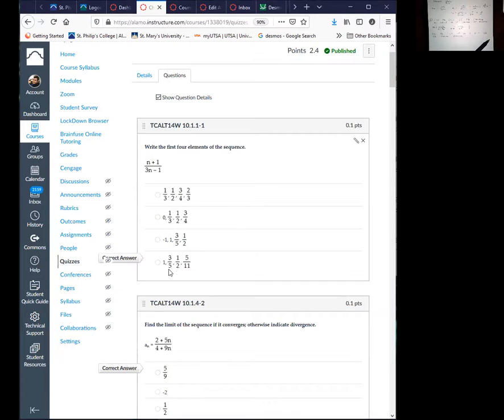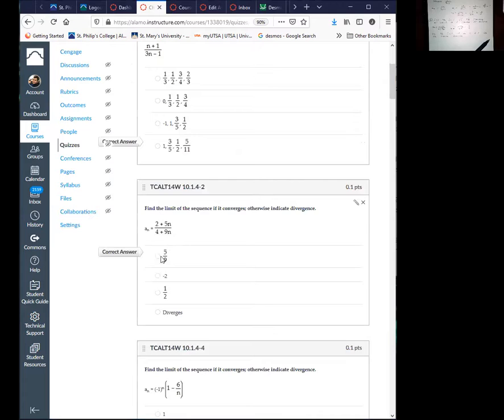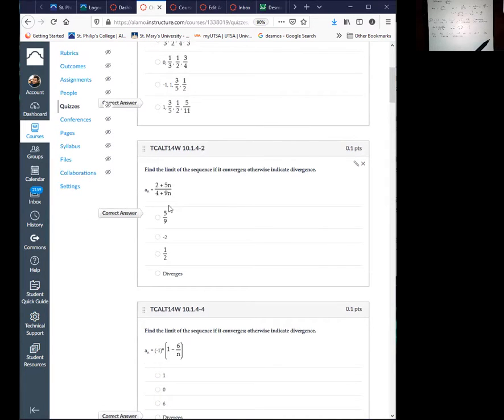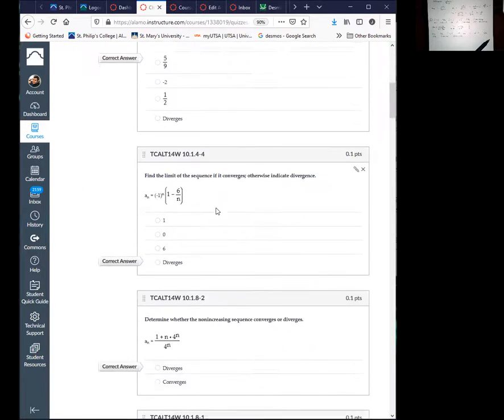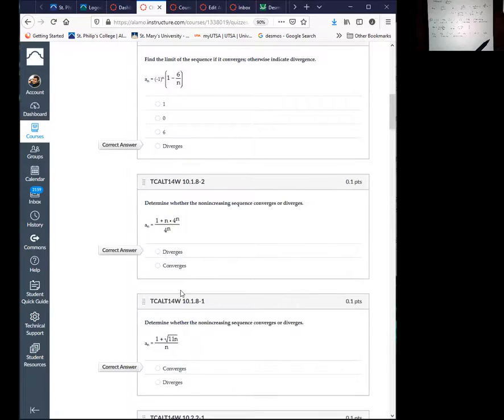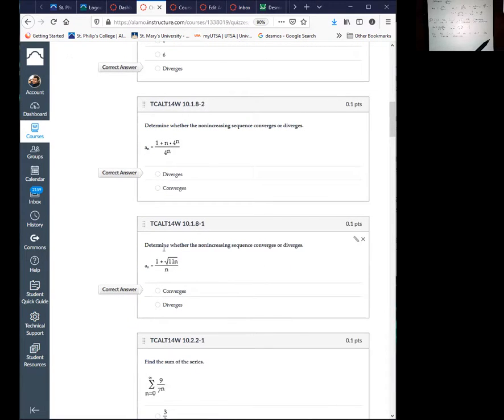All right, so here's the other 2 terms for number 1. Here's the limit. If there's a limit, then it converges. So on your exam, you'll explain that, right? Since the limit is finite, it converges. If it was infinite or the limit did not exist, you would say diverges. So 3, 4, 5 are all the same thing. Just find the limit of the sequence.